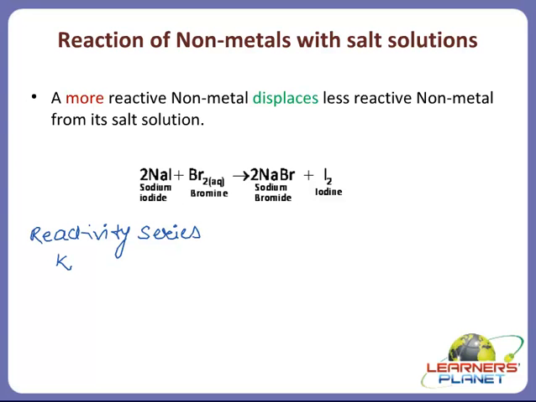this was potassium, the most reactive, then was the sodium, then was your calcium, then aluminium, then was what? Zinc, iron, right? And there was hydrogen, and below there was copper, silver, gold, right? So this was the metal reactivity series.